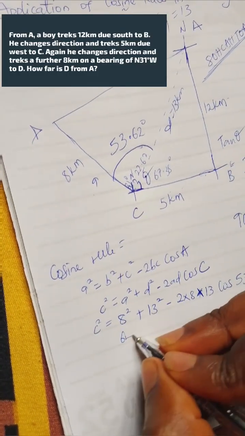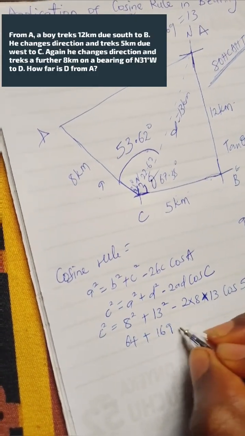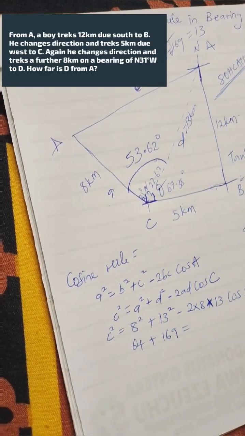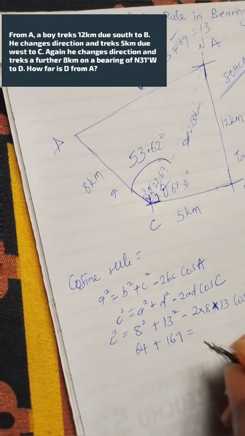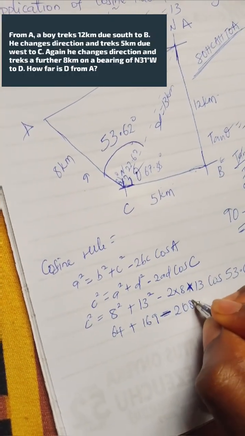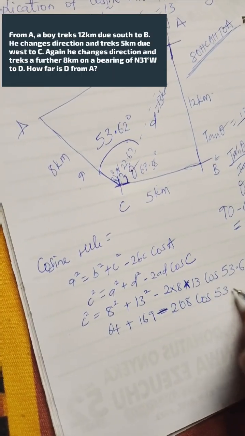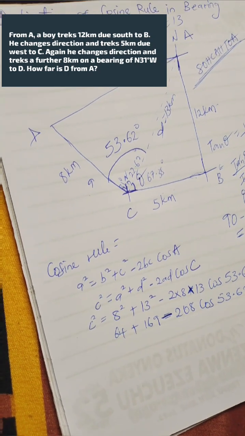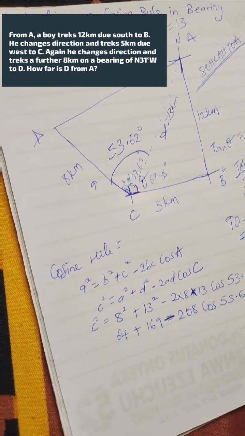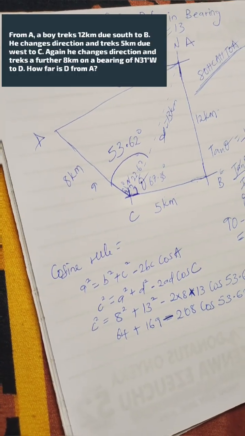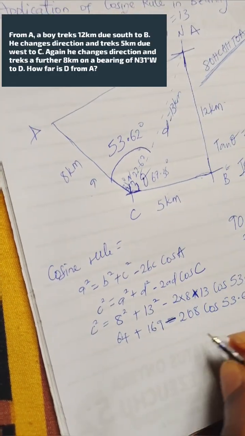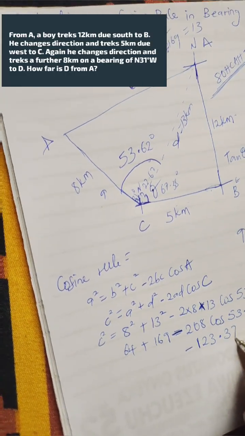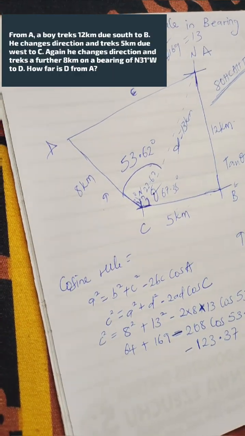Now 8 squared is 64, 13 squared is 169, 2 multiplied by 8 multiplied by 13 is giving me 208 cos 53.62. Now 208 multiplied by cos 53.62 is giving me 123.37. So I'll be having minus 123.37.